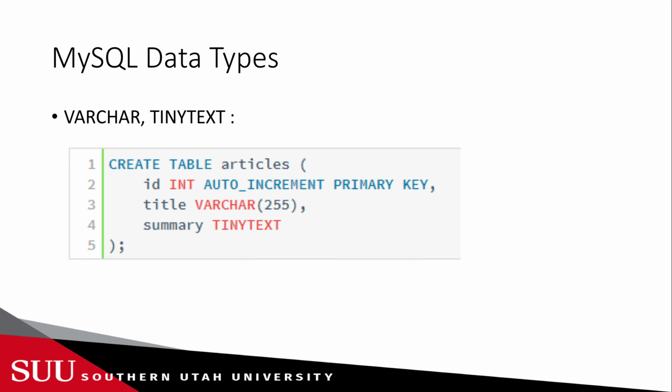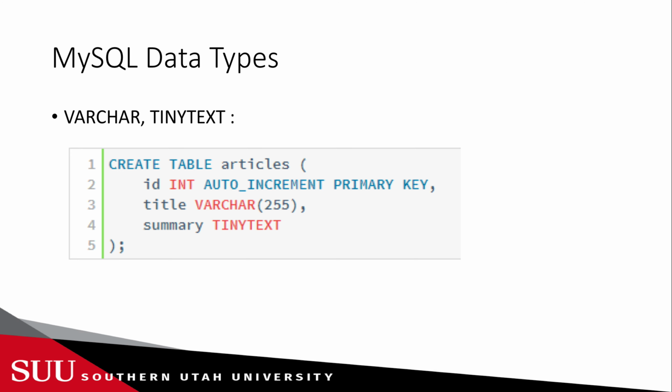When I say create table articles, this is creating a table called articles, and then I have an integer, which is the ID, and I set it to auto increment and primary key. We'll talk about that. And then I have title varchar 255. That means my title is going to be of type varchar, and I'm allowing up to 255 characters.